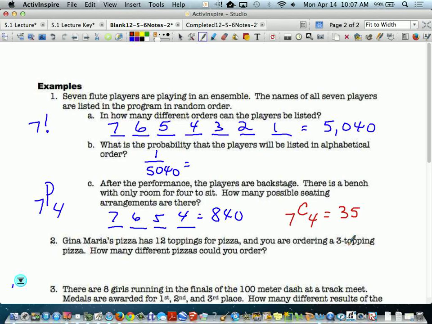So when I look at it, I think in my head that they want us to do it this way, because they're very specific in this particular problem at the beginning to talk about the names of the 7 people. They're being very specific about the names of those people. So you could make an argument that it is this one, but I'm going to say it's this one.